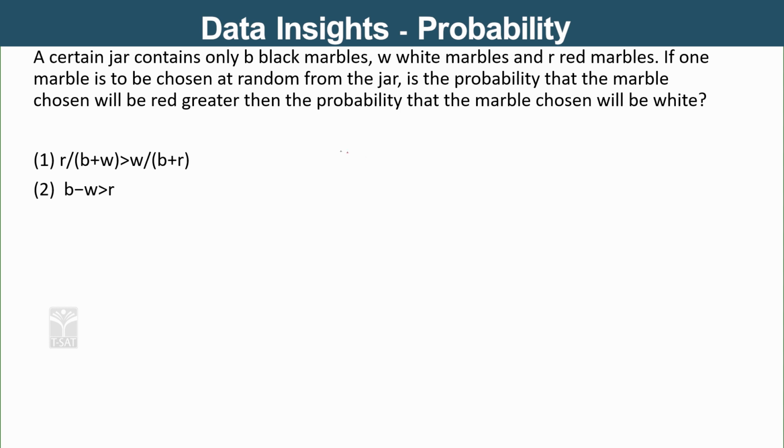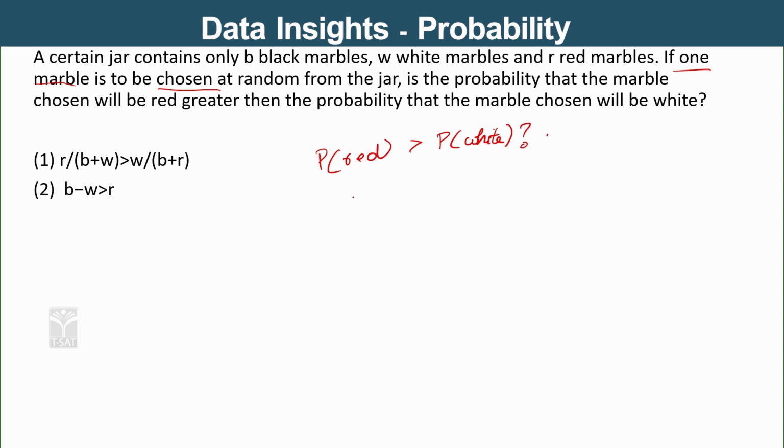So, the question is asking us, if one marble is chosen, is the probability that the marble is red greater than the probability that the marble chosen will be white?